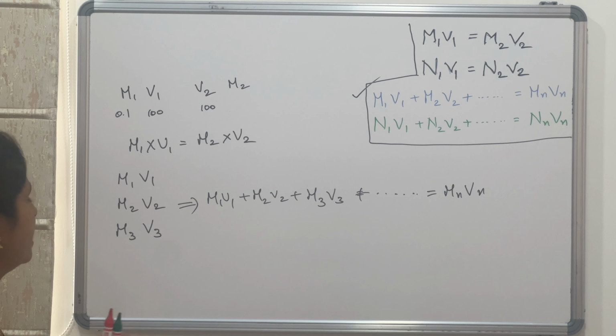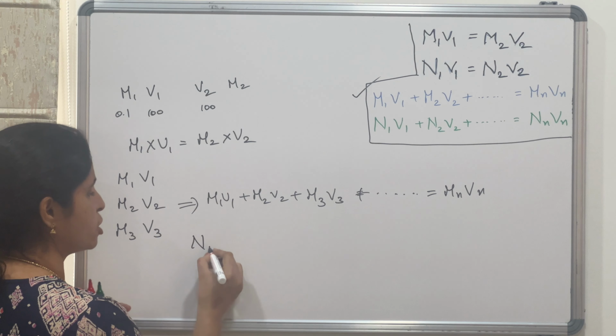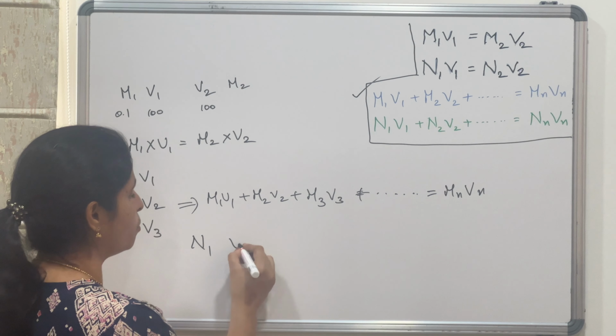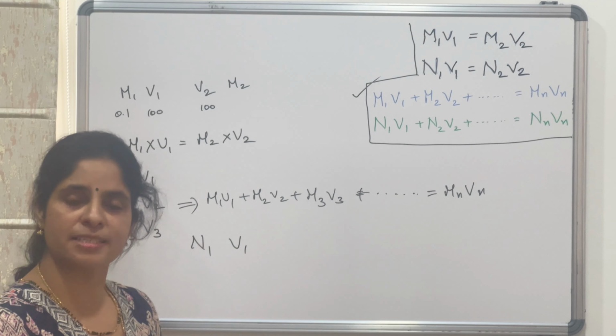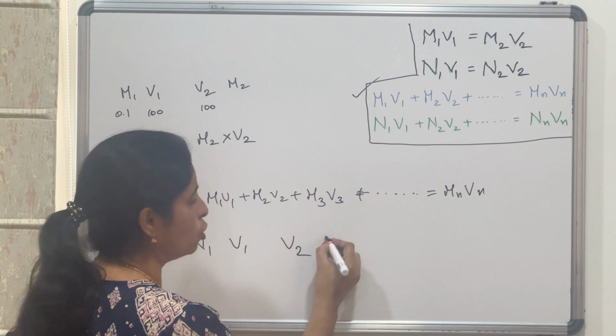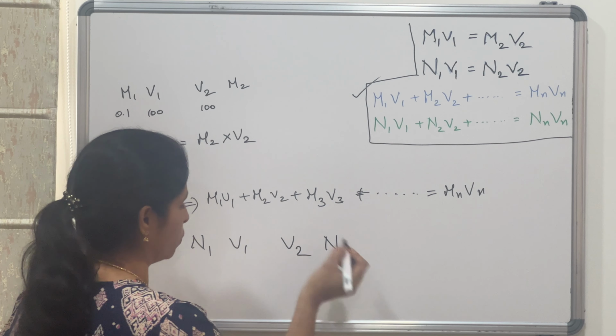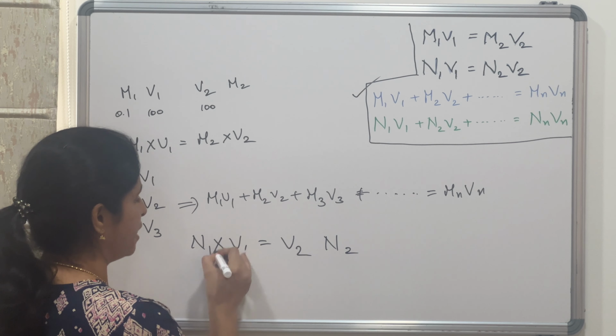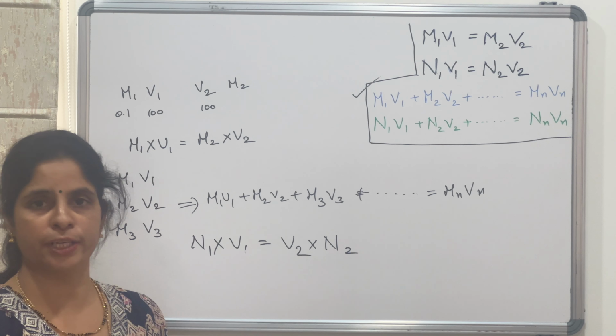Okay. Similarly, if N1 is the concentration of a solution with a volume V1 and you have added some V2 ml of the solution and the new normality is N2, then you have a relation N1V1 is equal to N2V2.